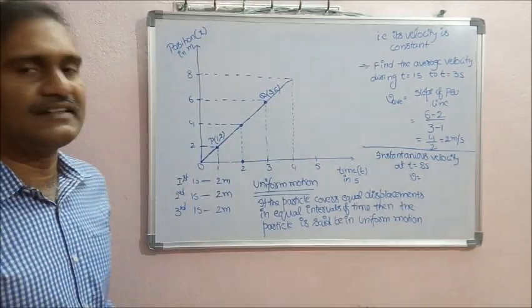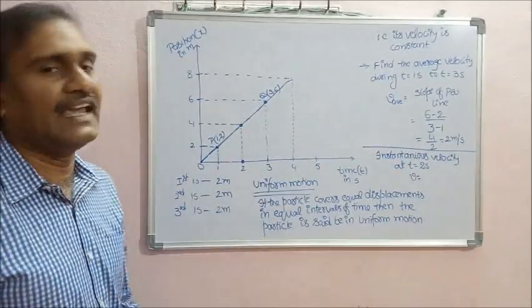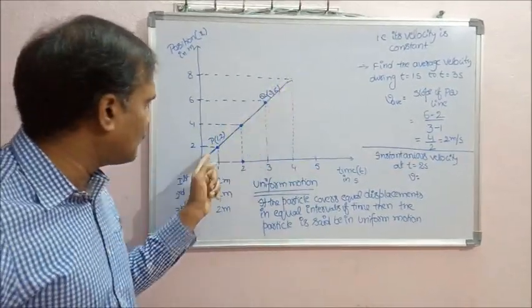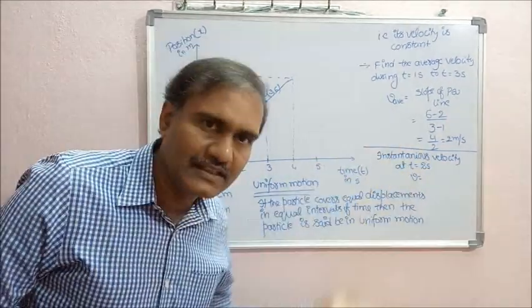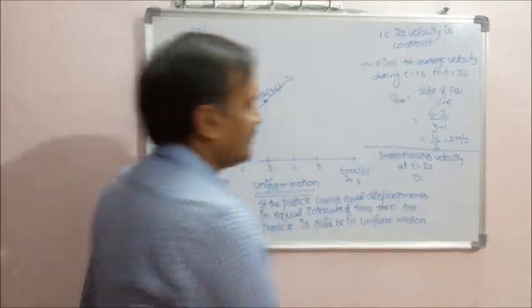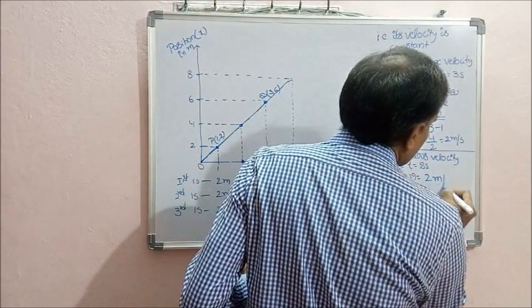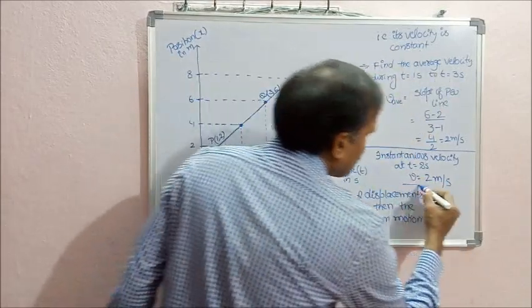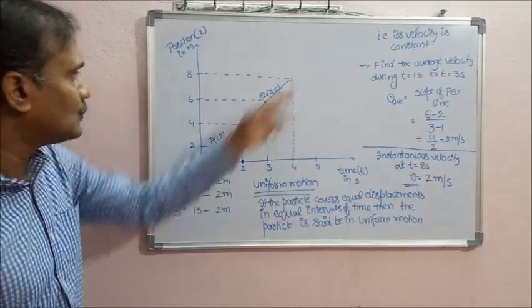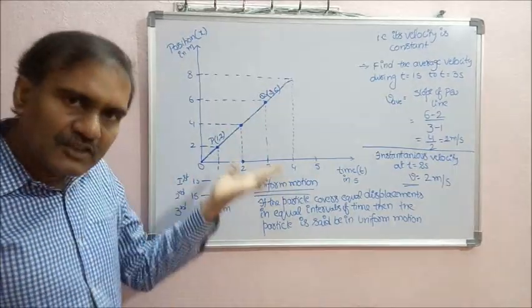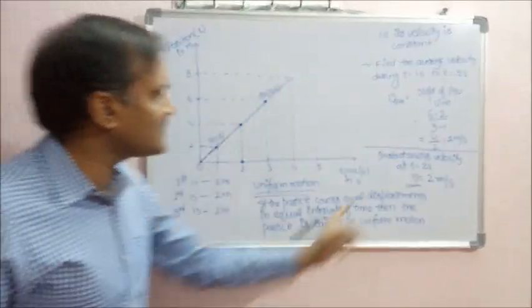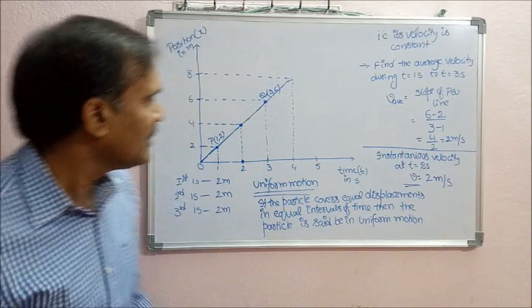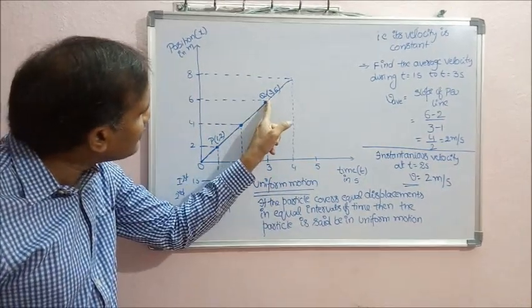Same slope of this tangent, nothing but slope of this line. What is the slope of this line? 2 meters per second. Here, instantaneous velocity is nothing but slope of the tangent, its slope is equal to 2 meters per second. Now what is the instantaneous velocity at this point?